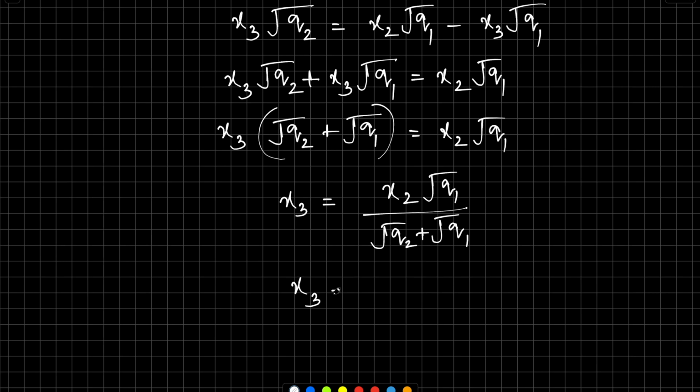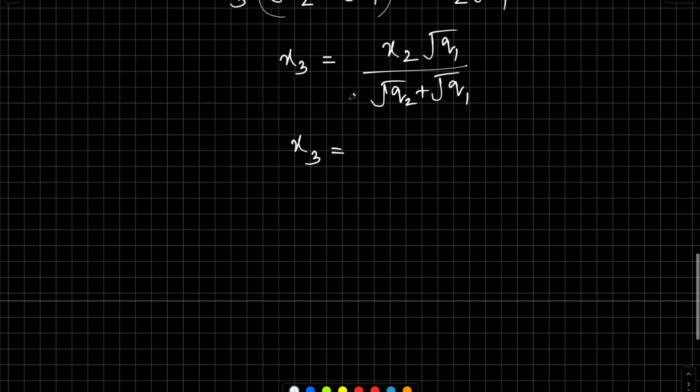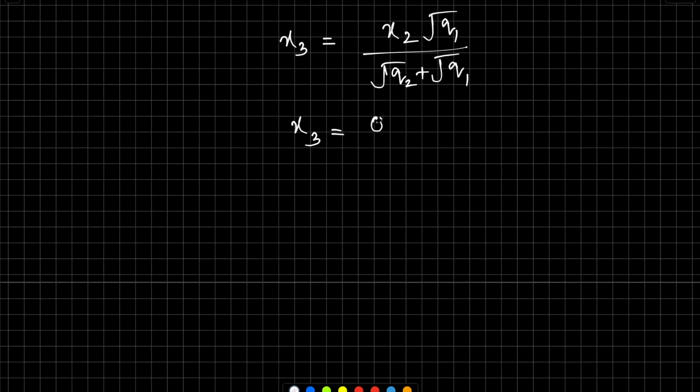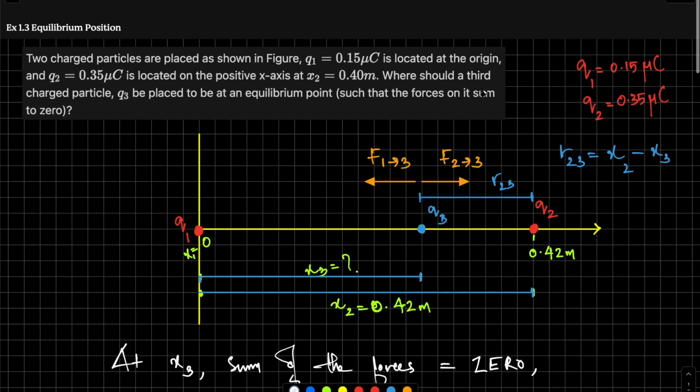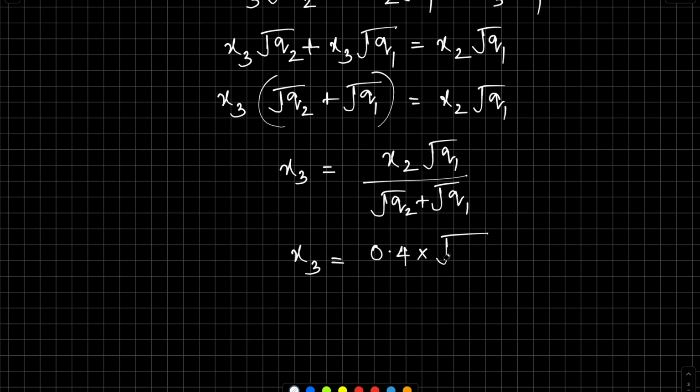Now let's substitute all the values and find the answer. So x3 equals, what is x2? x2 is 0.4, so 0.4 times square root of Q1, 0.15 microcoulomb. You should convert micro to coulomb, so 0.15 times 10 to the power minus 6 coulomb, divided by square root of Q2.